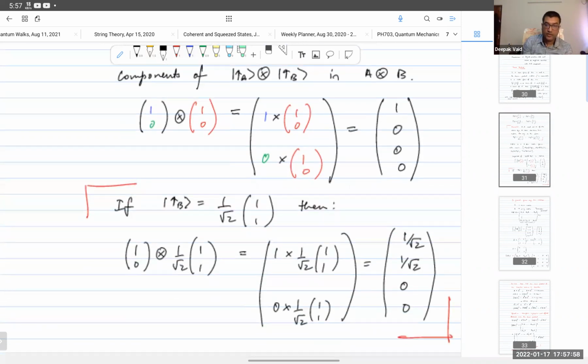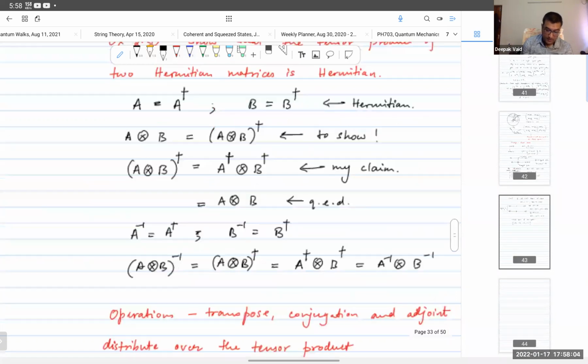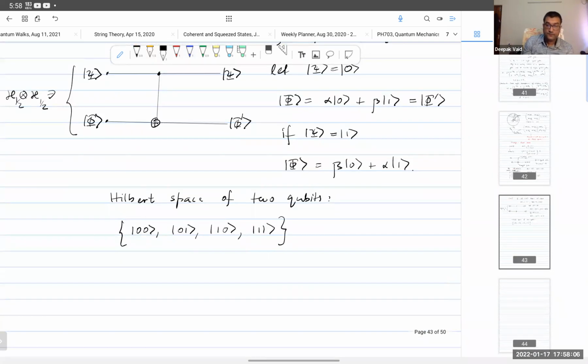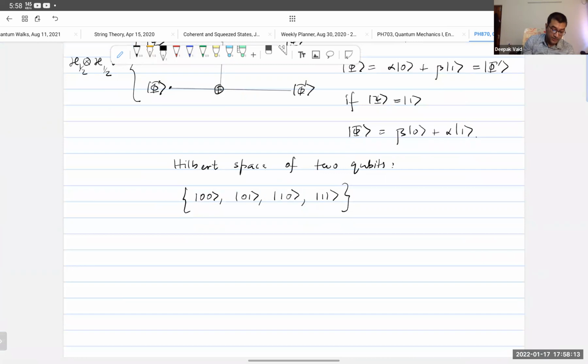So I've mentioned this in some detail, so I won't go into this again. All right. And so these states are my basis states, right? Now what I have told you so far is the following.